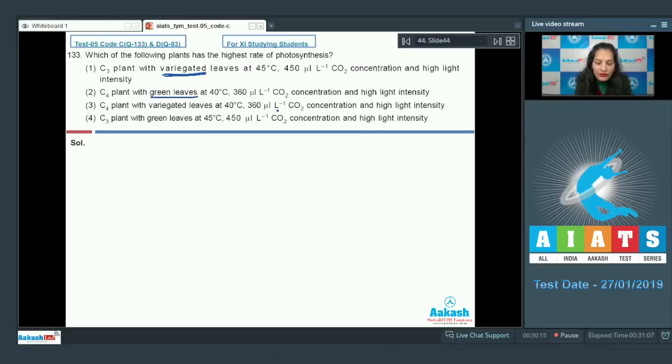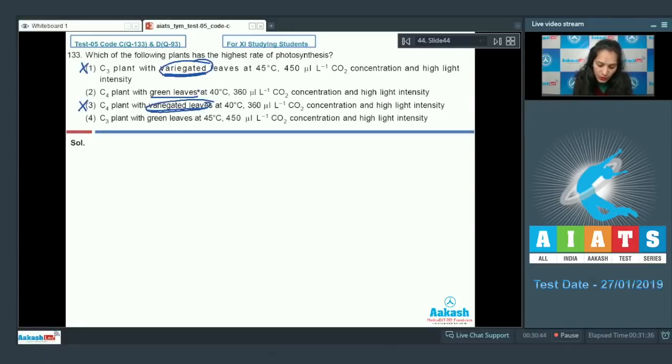It has patches of green color where chlorophyll is present and patches of yellow color where chlorophyll is absent. So the highest rate of photosynthesis cannot be shown by variegated leaves as there is less chlorophyll as compared to the green leaves. So option number 1 and 3 are ruled out as they have variegated leaves.